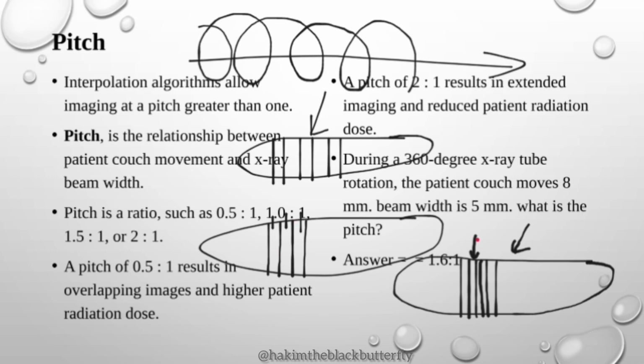Then this one, with a very small pitch, you use when you want very high resolution images, but it takes time to complete a scan and it increases the patient's radiation dose. So this is a pitch less than 1. This pitch is equal to 1 here, and this pitch is greater than 1.